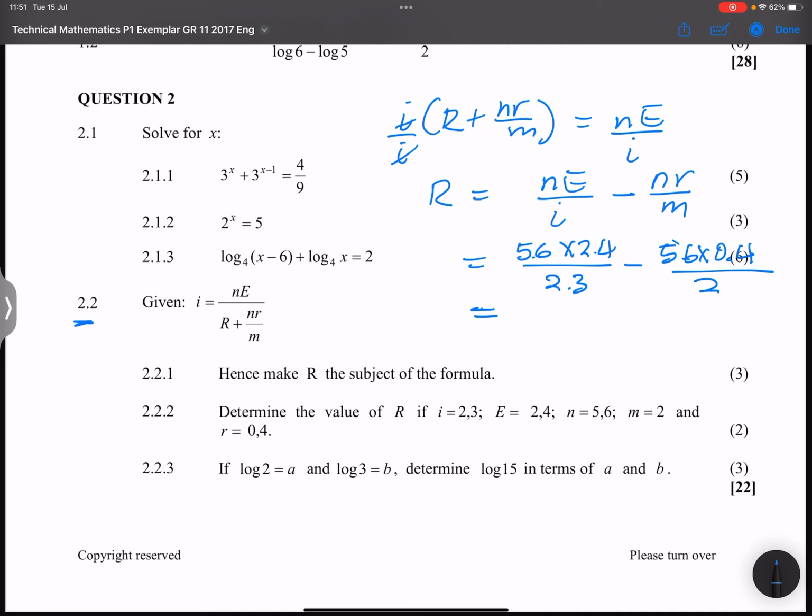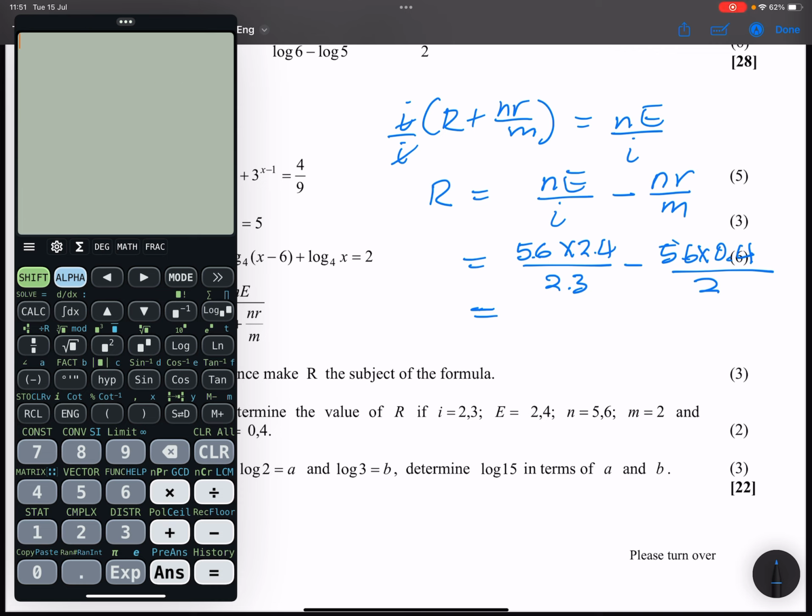So 5.6 times 2.4 divided by 2.3, and this is minus 5.6 times 0.4.